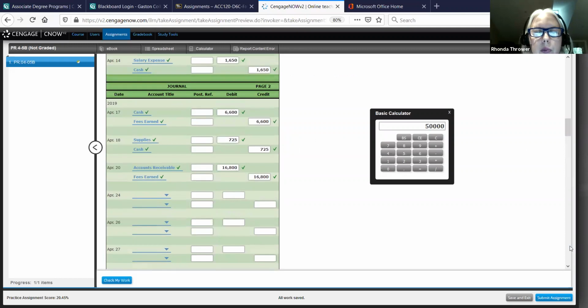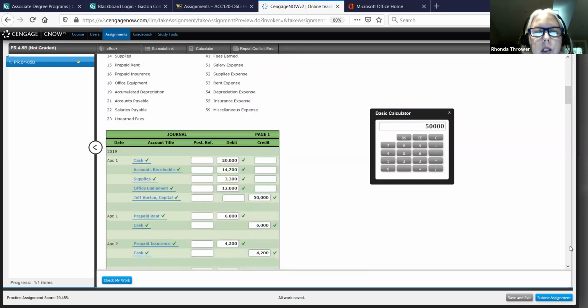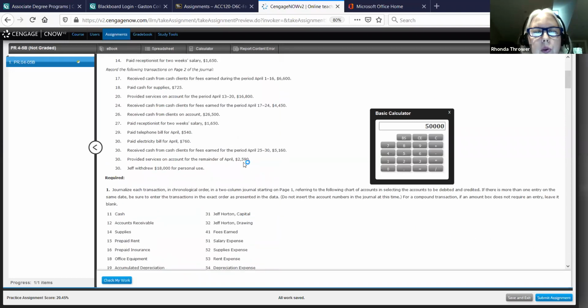And we're ready to move to the April 24th transaction. On April the 24th, we received cash from clients for fees earned for the period April 17th through the 24th. So again, we received cash from cash clients. That means that these clients were not on account. They just bought some services and paid cash for it.